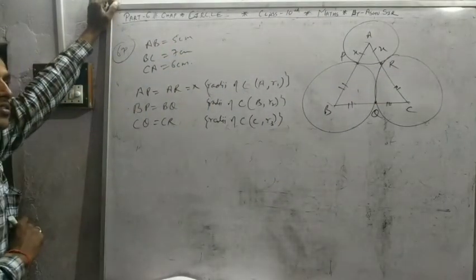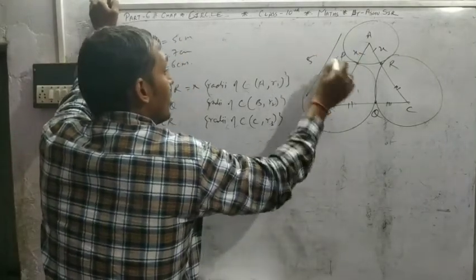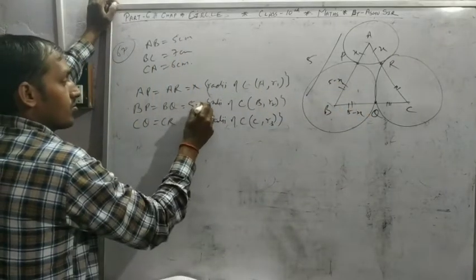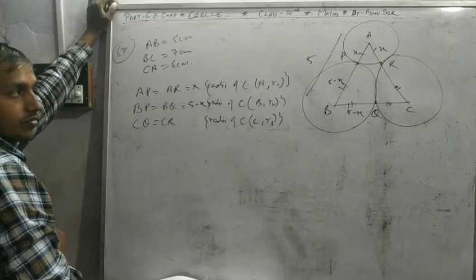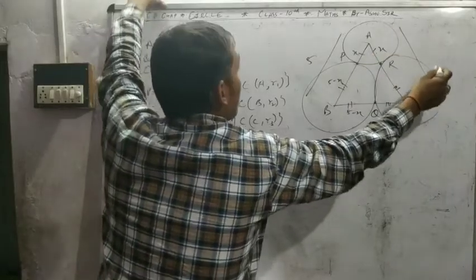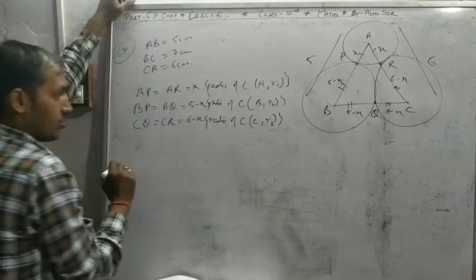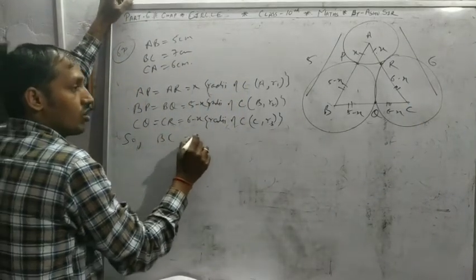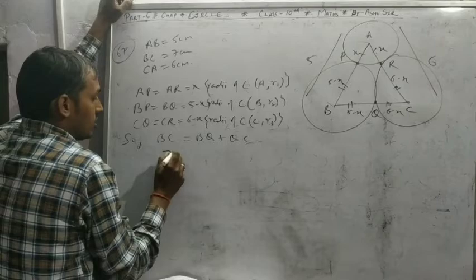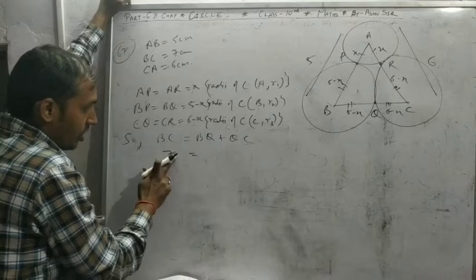So what is the value of BP? Same, if this is X, this whole is 5, so this is 5 minus X, 5 minus X. Same, X, this is 6, this is 6 minus X, 6 minus X. So BC is equal to BQ plus QC, and BC is 7. Means two side values used here and one here.